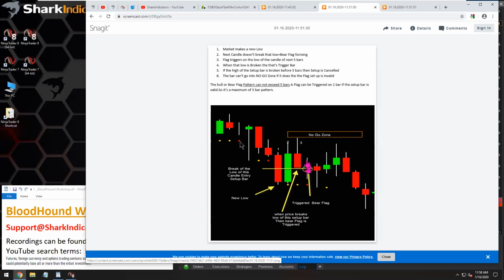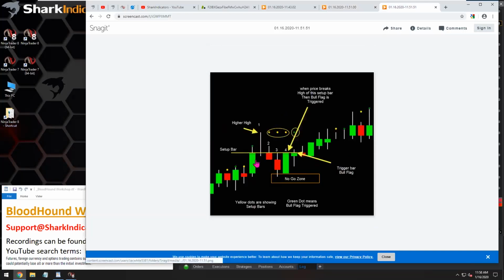So the signal is going to be on the bar that breaks the low of the most recent bar. And for a long flag pattern, as the highs of the wicks come down, the bar that breaks the previous high is going to be the signal bar. So the trigger bar flag pattern.